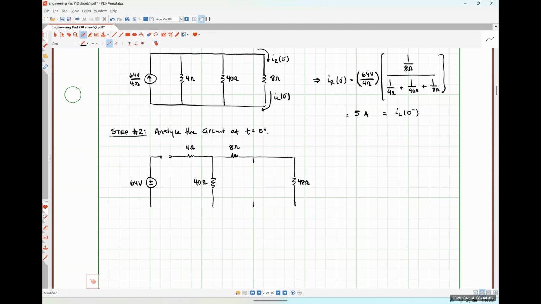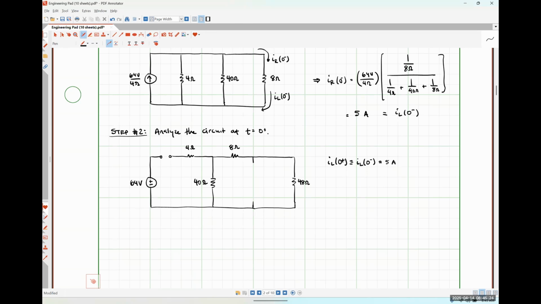And then the 48 ohm resistor over here. Okay. Exactly right. So we know that IL at 0 plus must be equal to IL at 0 minus, which was 5 amps.